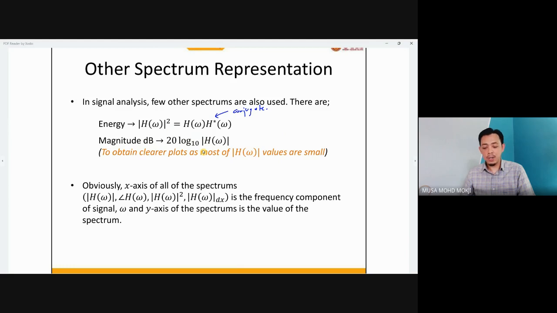Why is it in dB? Because for a very quiet place, the value is very small. If people are talking, the value becomes a bit higher. And if it is on the side of a road, the value becomes many times higher than people talking. Those values range from a quiet place until maybe a concert. So the range is very wide.